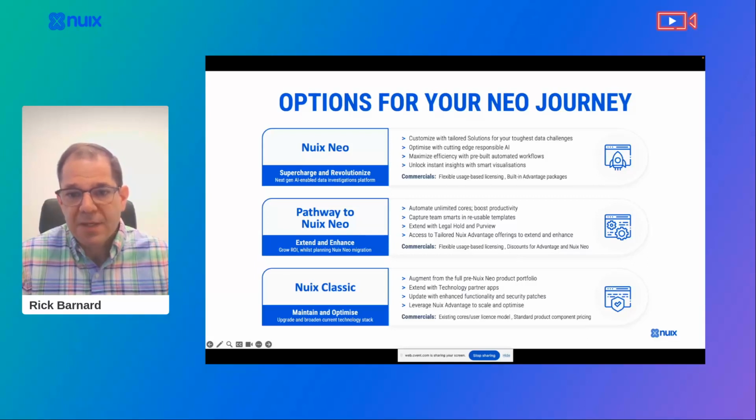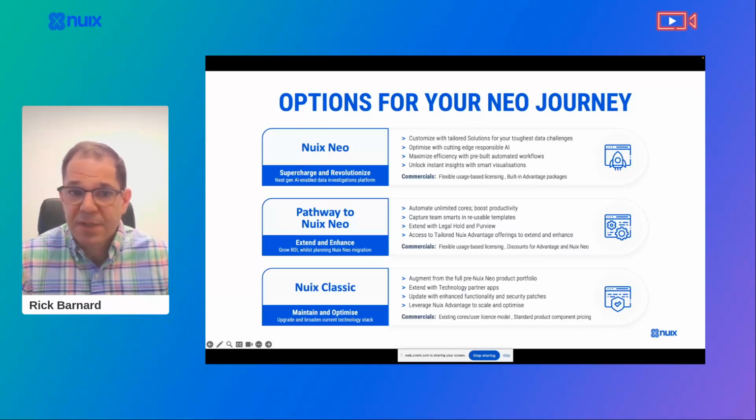And that gives you access also to Nuix's Tailored Advantage offering, which is a customer success journey to allow you to unlock the full capabilities of the Nuix Neo platform as we move to a more usage-based licensing model, which is also available with Nuix Neo, right?